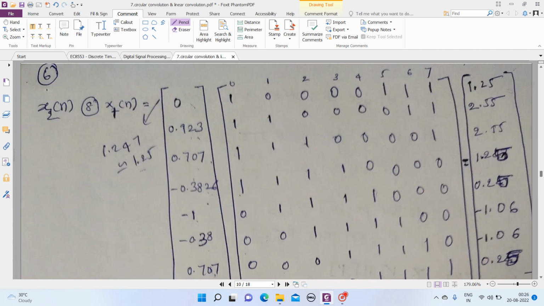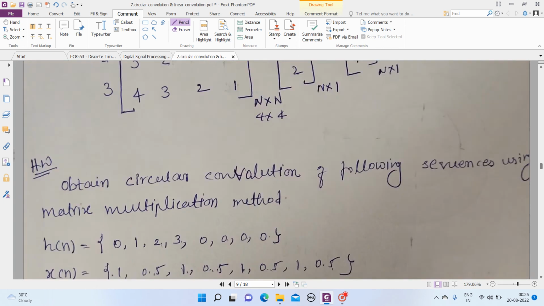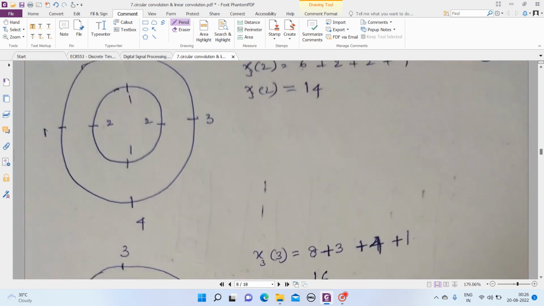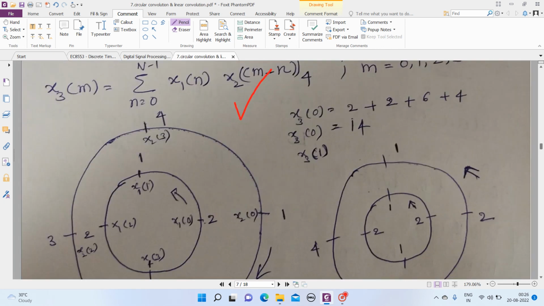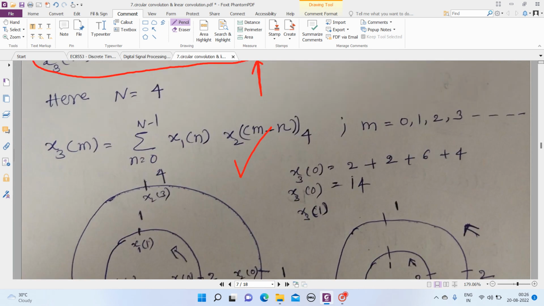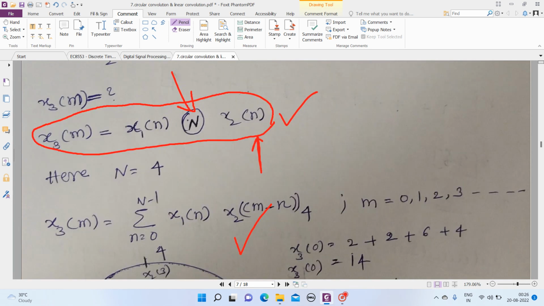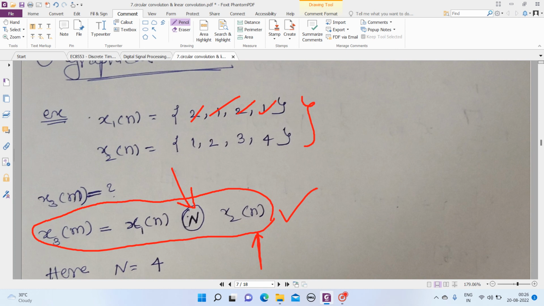First, we have to represent the sequences in a circular way. There is no condition on which sequence goes inside the circle and which goes outside.